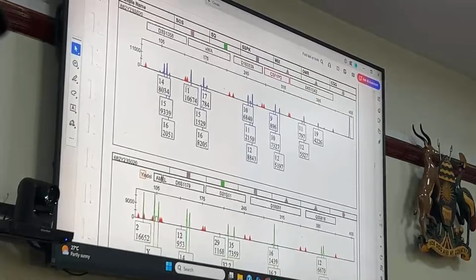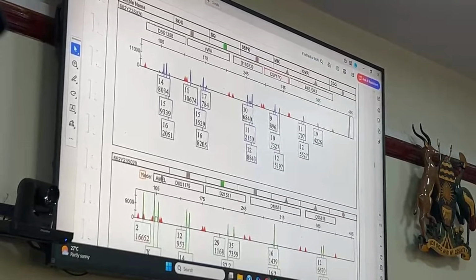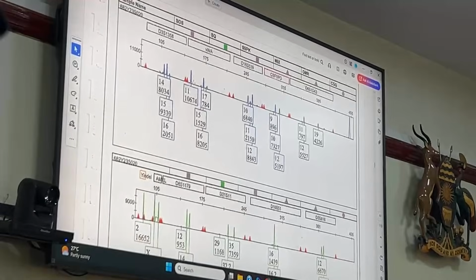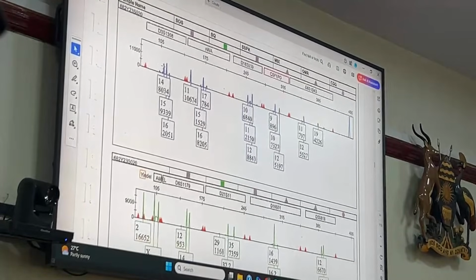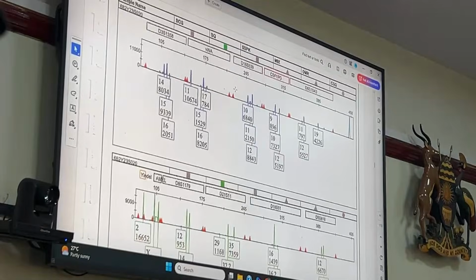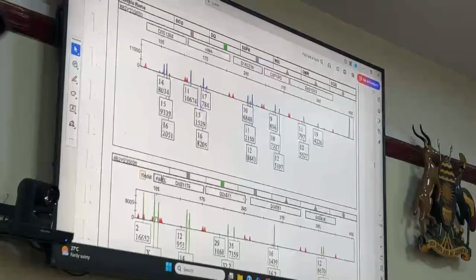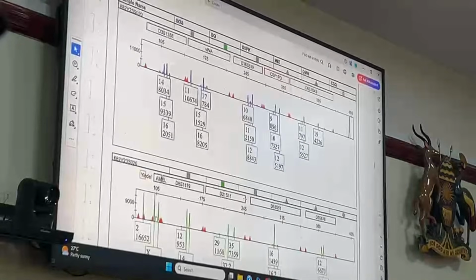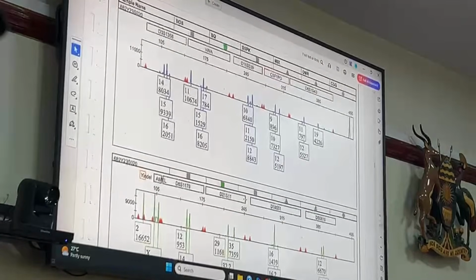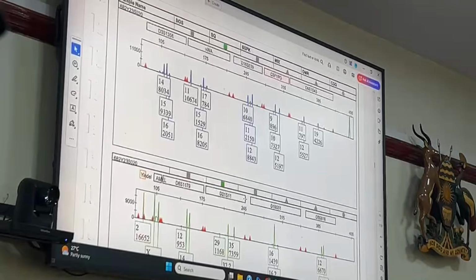A true major DNA profile, you can guide your eye along and literally pick out the strongest, the tallest peaks, and they will all form one DNA profile. So no mathematics is required with results such as this. And that's page 44, sample 20.